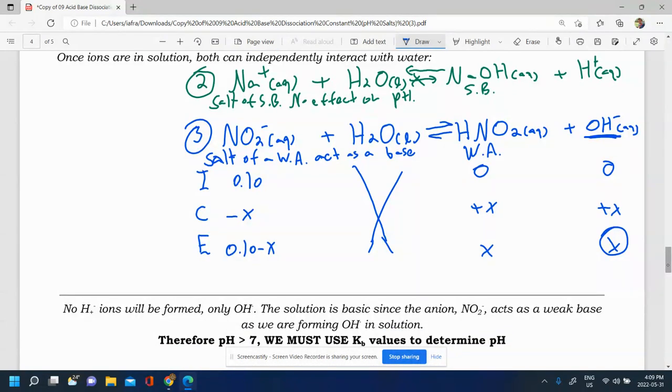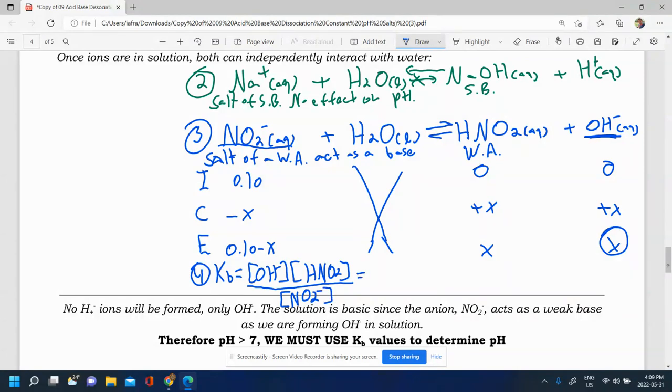So what's important to understand here as well is that you can't make a Ka expression from what you have here because this is a base. So what you're making is a Kb expression. Kb is the concentration of OH minus times the concentration of HNO2 over the concentration of NO2 minus.